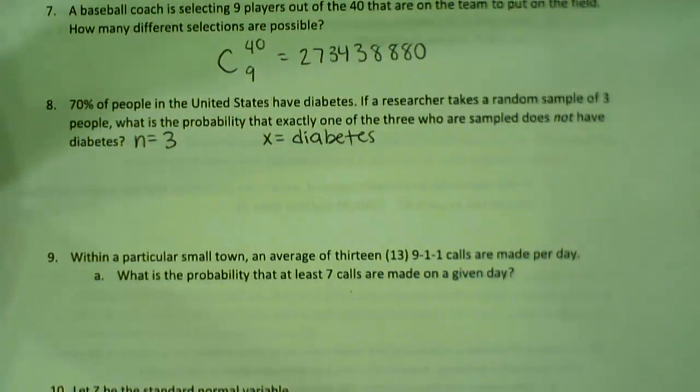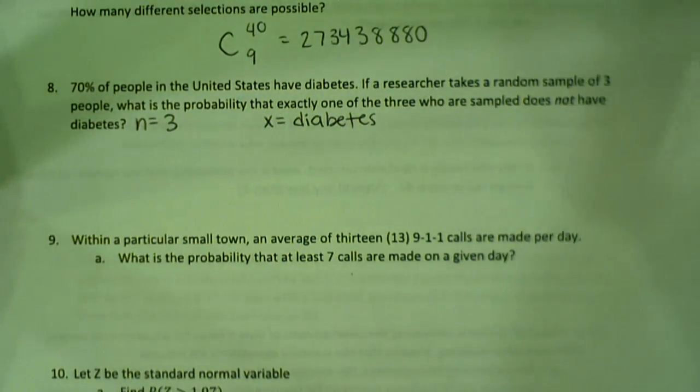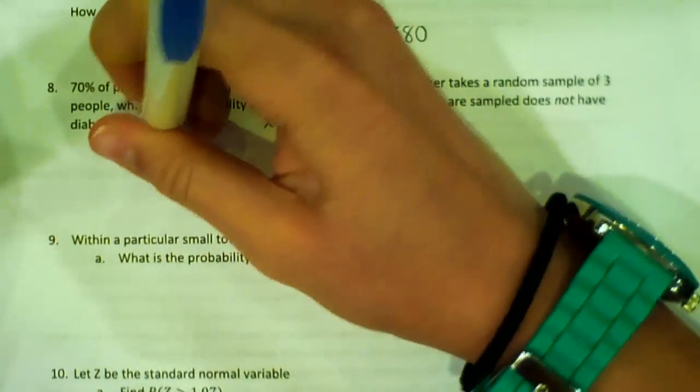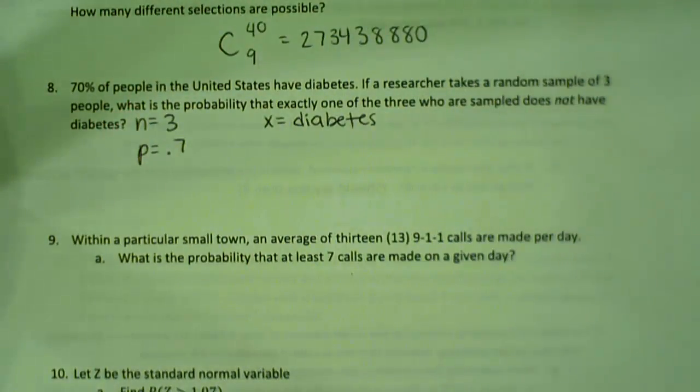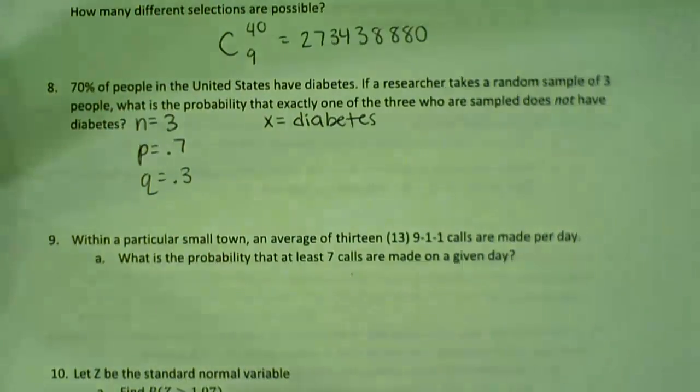Okay. So let's call our success, again, the number of people with diabetes. So that would be our 70%. That would make our fail 30%. Now it wants us to find the probability that exactly one of the 3 does not have diabetes then.